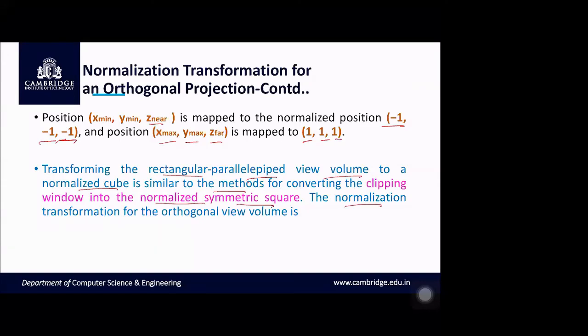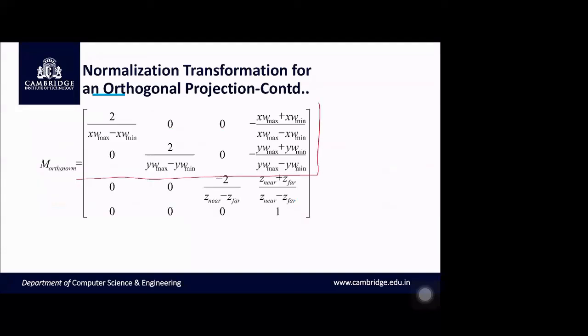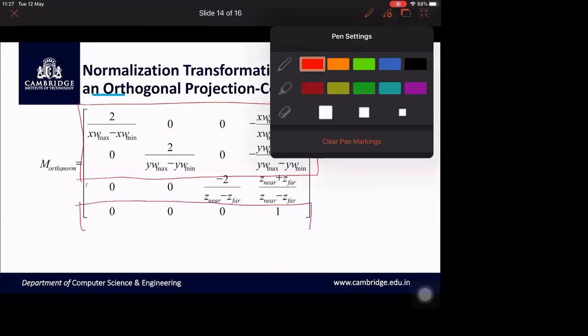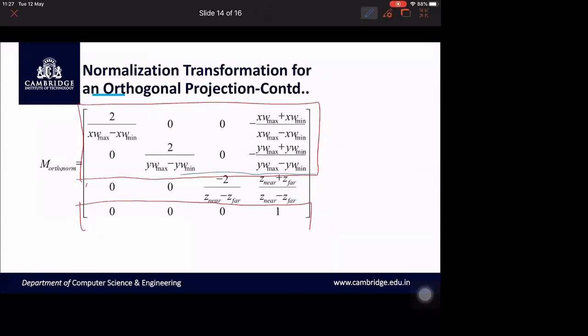Please open that and keep. The normalization transformation for the orthogonal view volume is this. I think you have got, we have done this much. This is done, and this part, right? And this part. Now we have to check this part.